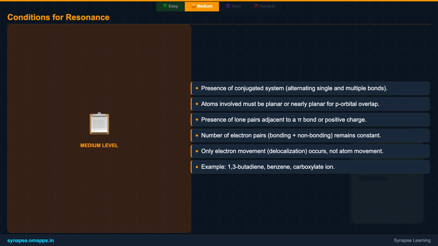This allows for effective overlap of the p orbitals, which is essential for electron delocalization. Importantly, during resonance, only electrons move, never the atomic nuclei. The total number of electron pairs, both bonding and non-bonding, remains constant across all resonance structures. These conditions ensure that the pi electrons or lone pairs can truly spread out, leading to increased stability.